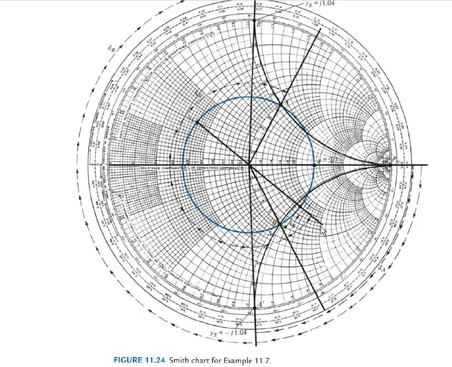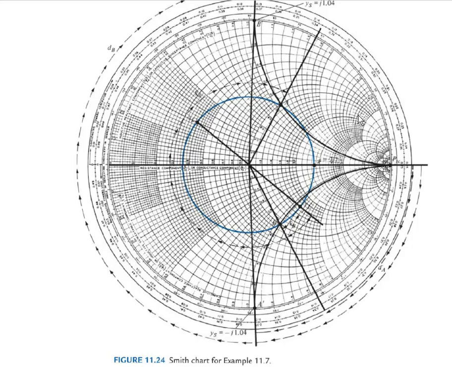So first you measure the angle between YL and B and YL and A in the clockwise direction, then multiply by lambda and divide by 720 degrees. So the degrees cancel, and you will get the value in lambda. So you will get LB and LA.